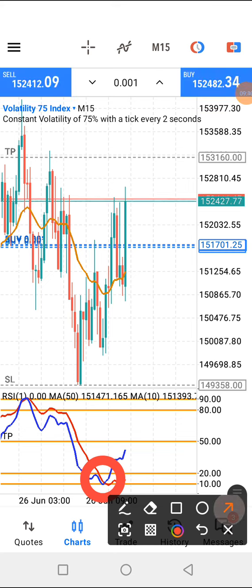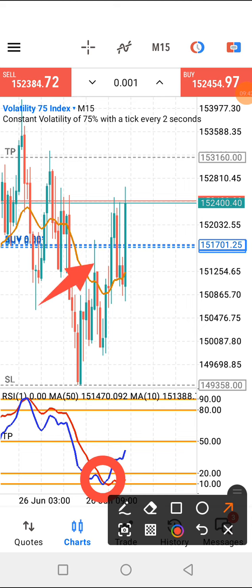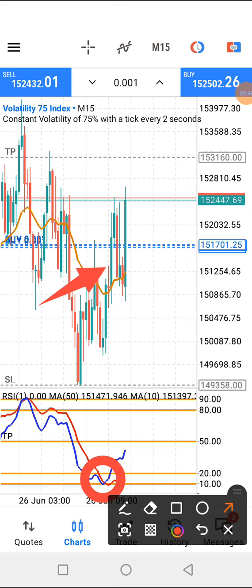And secondly, make sure price is above the brown line in your main chart. So at this point, the probability is usually high. Remember, it's a scalping strategy. So if you are using it, don't hold trade for too long, especially if you are new. I've explained it earlier on.